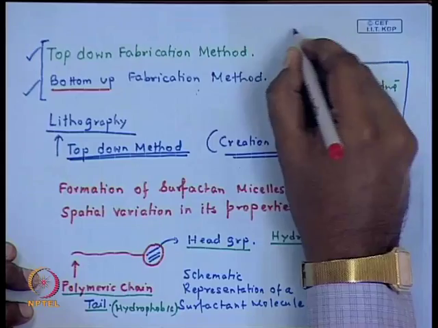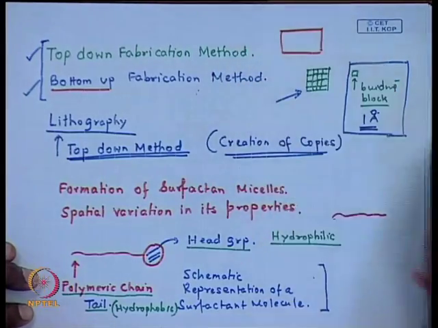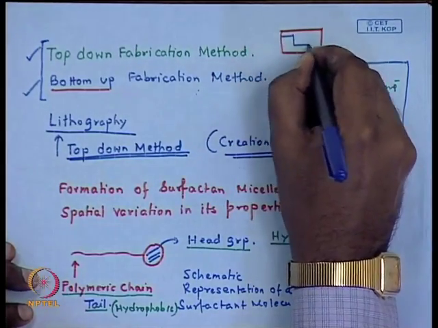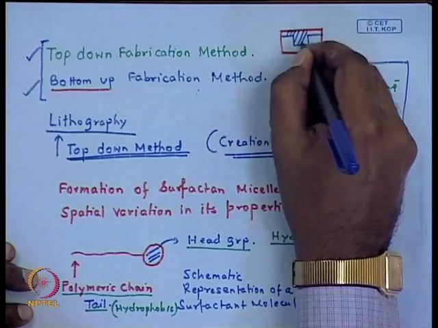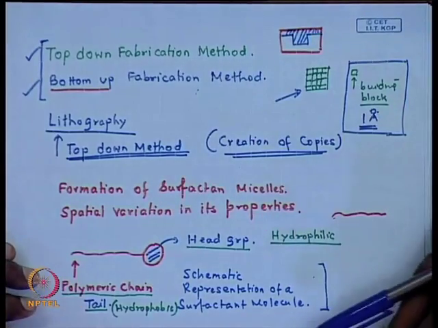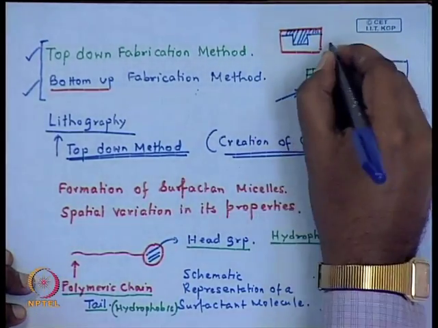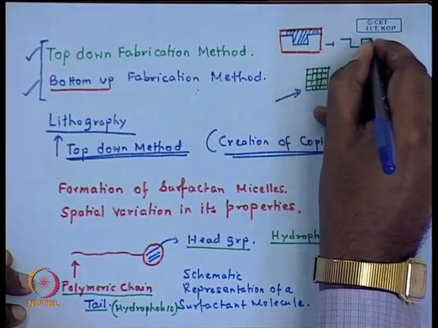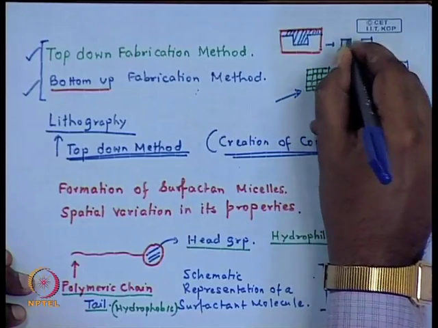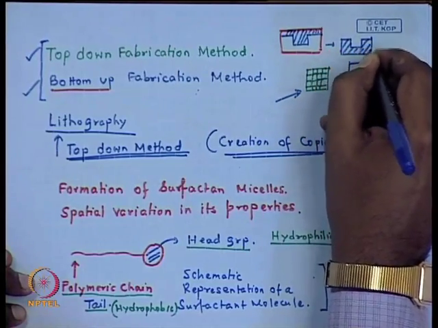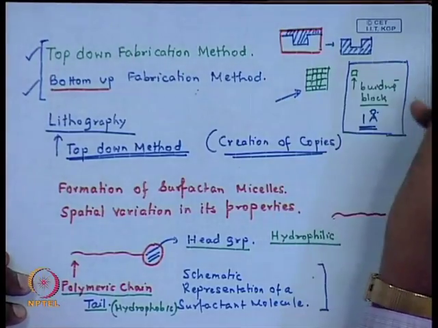In the top down method, you still rely on the same technique of starting off with something big and preferentially removing some portion of it to get your desired structure, but your standard or conventional machines do not work anymore. So, you need to rely on some other specialized techniques at this scale.